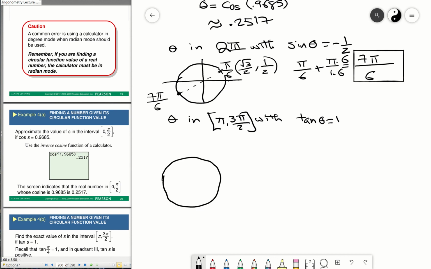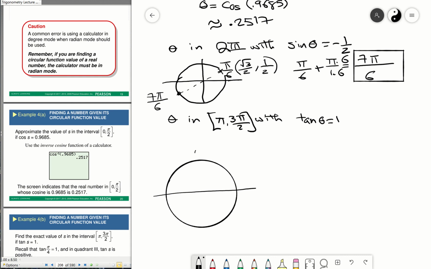Let's see if we can get this to recognize our circle. It's not doing so well this time. Here we go. Okay, so you know that if we look at pi over 4, we know the tangent of pi over 4 is 1 because the sine and cosine are the same.